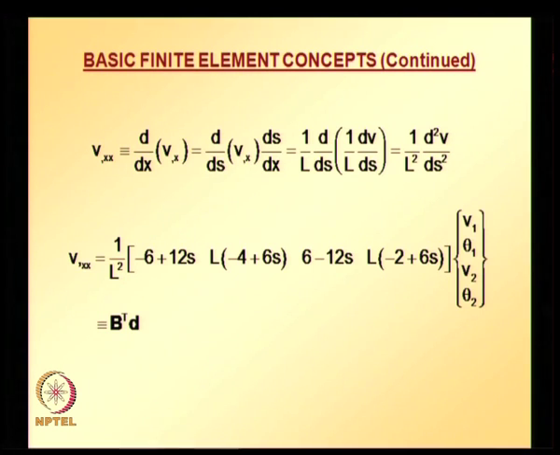relation. And if you recall, while deriving the relationship between bending moment and transverse displacement, we noted that bending moment is nothing but the second derivative of transverse displacement times the modulus of rigidity, which is EI. So bending moment is equal to EI times the second derivative of transverse displacement, and now we obtain the transverse displacement relation once we know the nodal values V1 theta 1, V2 theta 2.